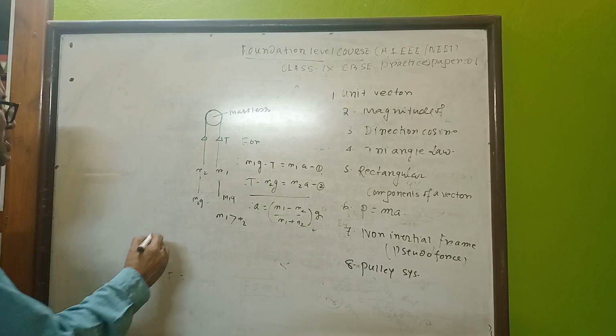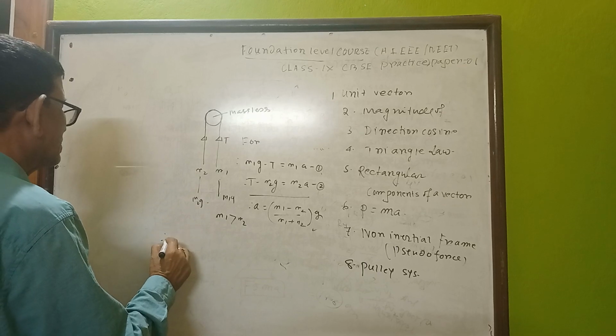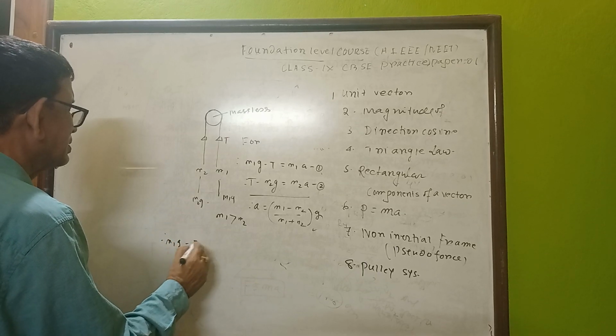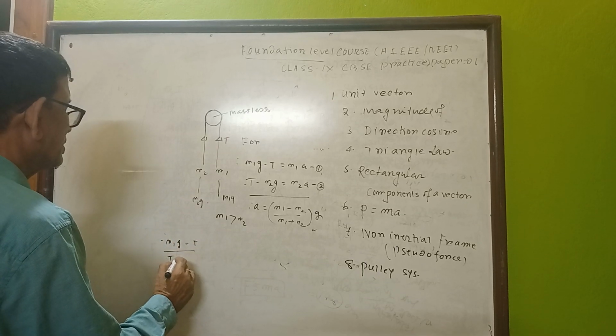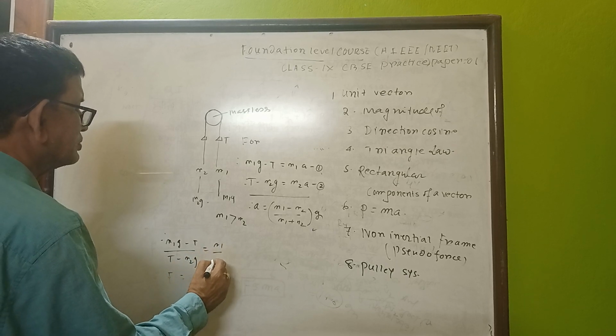So subtract 1 from 2 to get the acceleration of the system. Now children, if you divide 1 by 2, then you get (M1G minus T) by (T minus M2G) equal to M1 by M2.